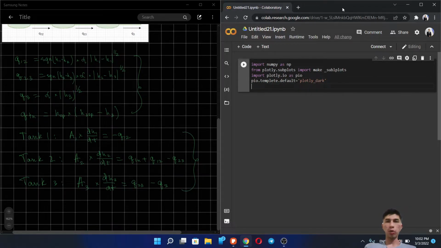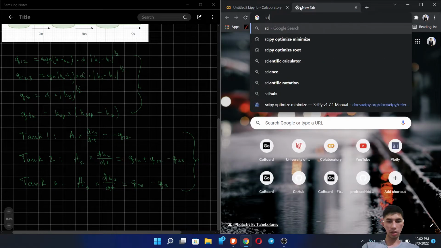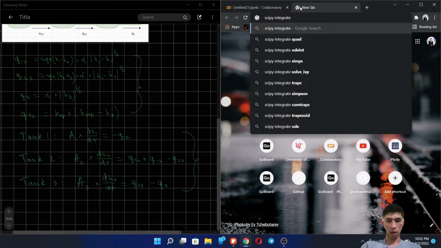And as we're solving differential equations, we can use the scipy.integrate solve_ivp function.